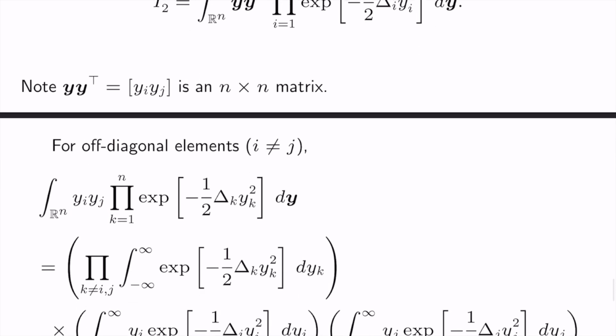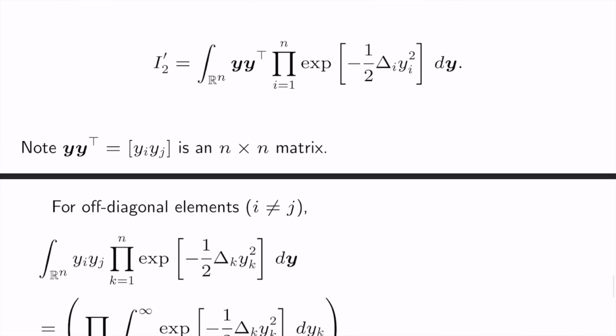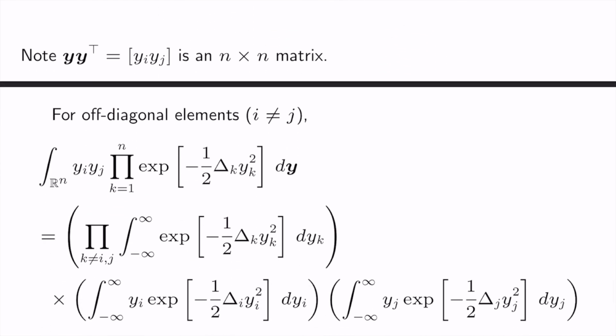And so that becomes yi times yj times this exponential, the same factor here. Now we split this product into two parts, or actually three parts. That is, one containing the index i, another containing index j, and everything else.